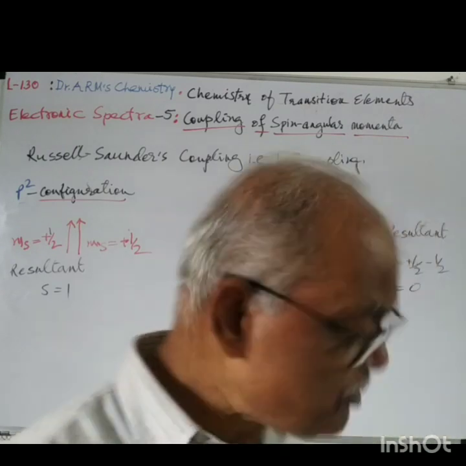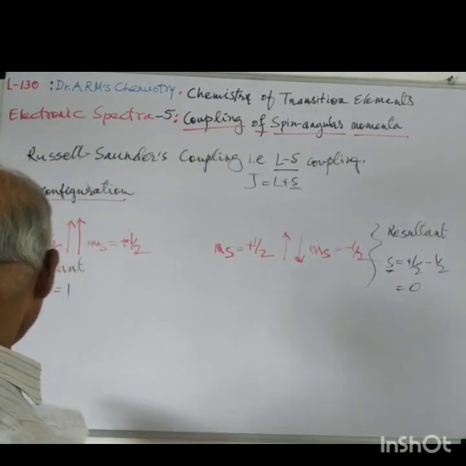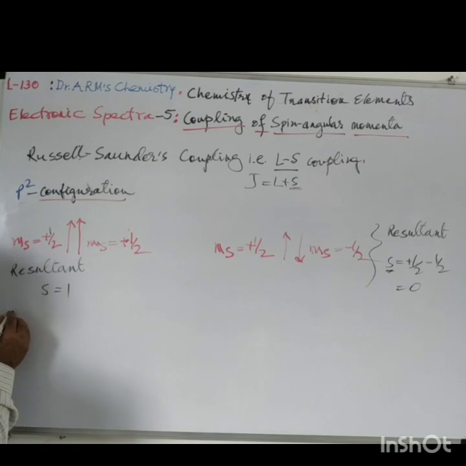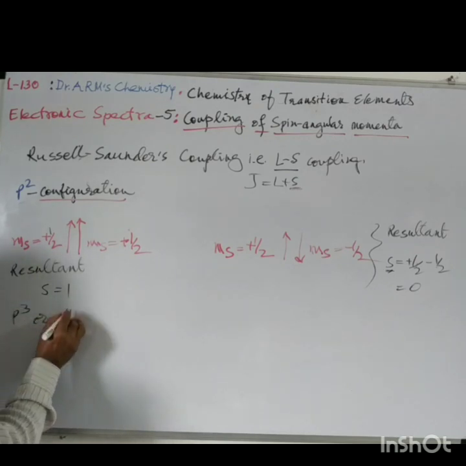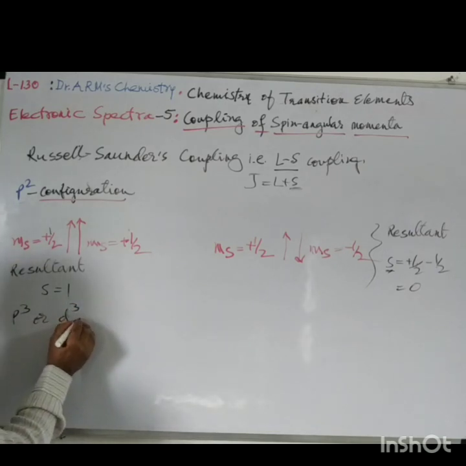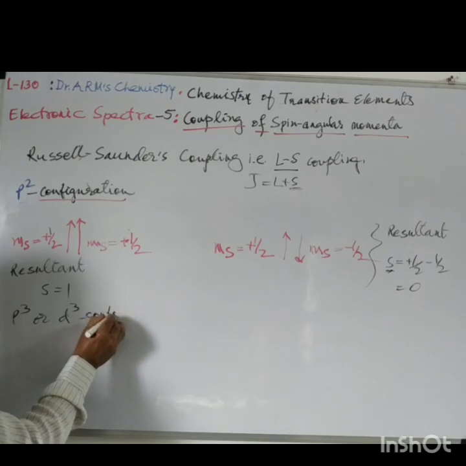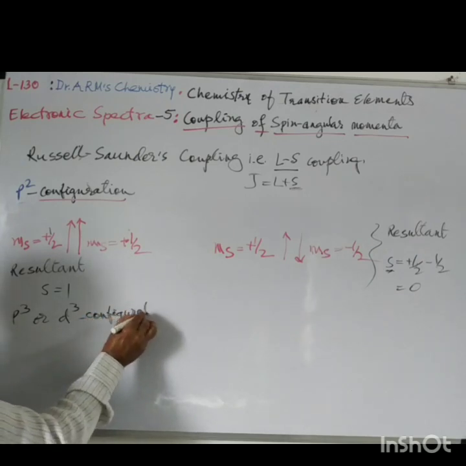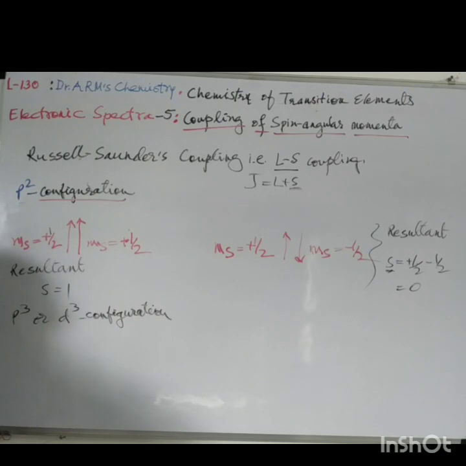Then if we have, say, another electron, this type of configuration, that is p3 or d3, then we can have 3 electrons with the same spin.